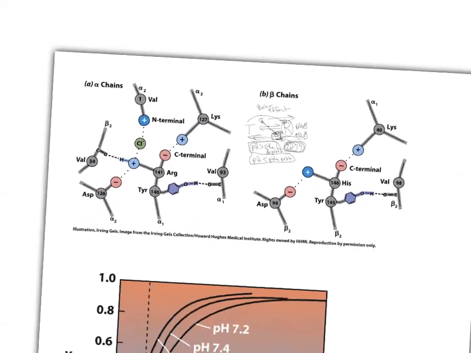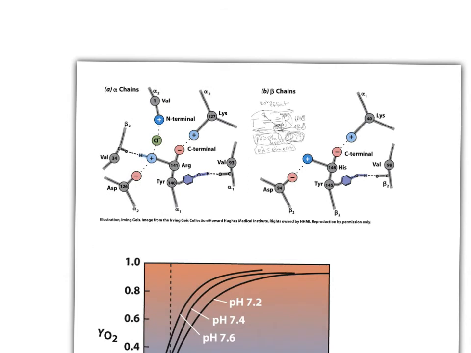Okay. So we've already talked about the interactions between different subunits, and here we have some alpha 2 subunits and alpha 1 subunits, and there's some key interactions that take place in the alpha chains and the beta chains that are part of the source of the change in the pKa's that are involved.